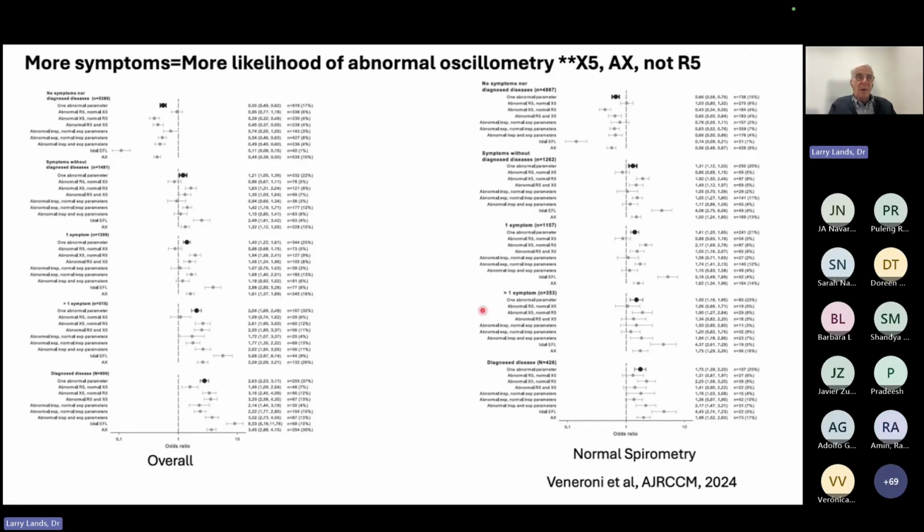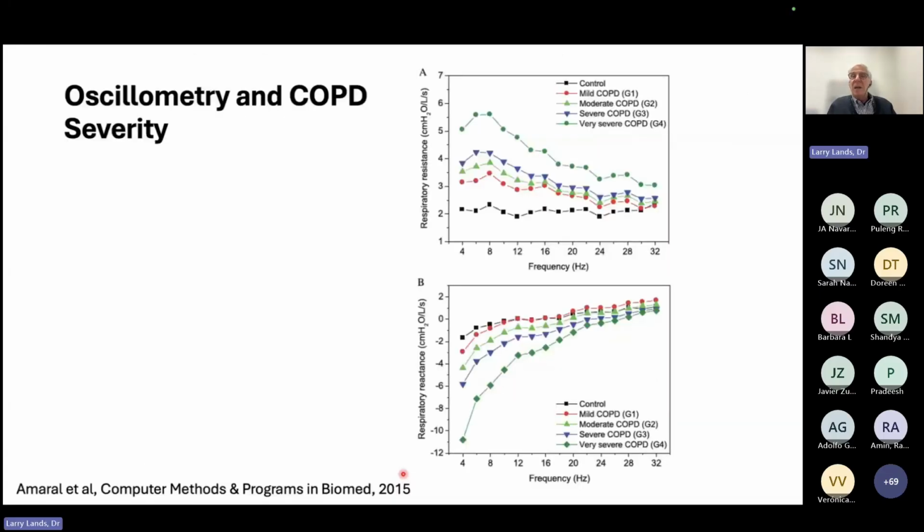Again, it's sensitive to picking up symptoms, and these are people who are just wandering around in the community. It's also quite sensitive to picking up differences in severity of COPD.